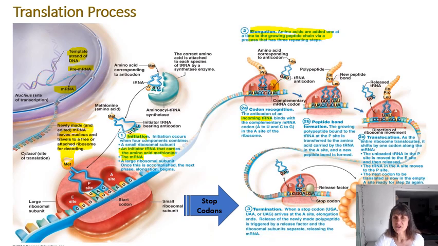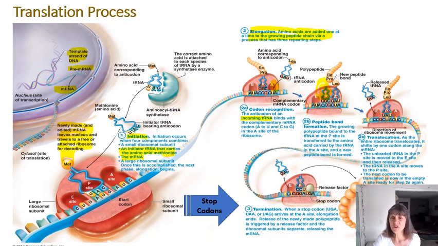The 2 amino acids between the P site and the A site will form a peptide bond by the process of dehydration synthesis. And once that peptide bond is formed, you'll notice that the empty transfer RNA molecule at the P site is going to be shifted over to the E site.